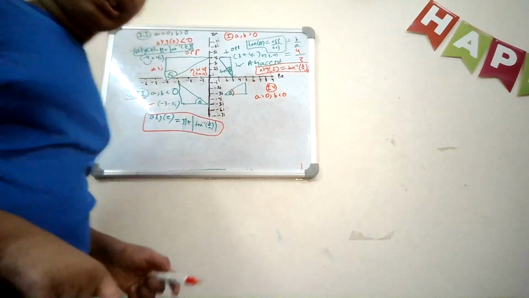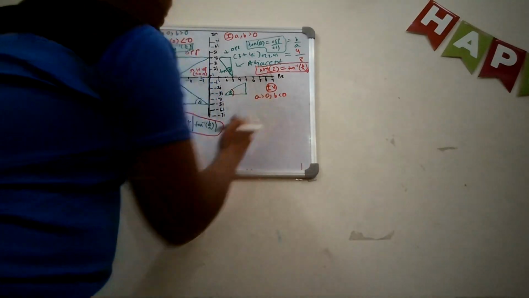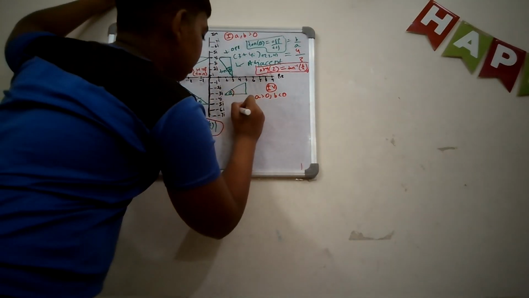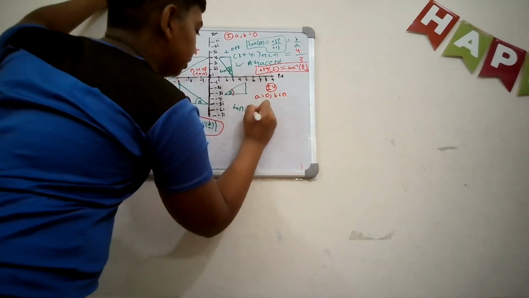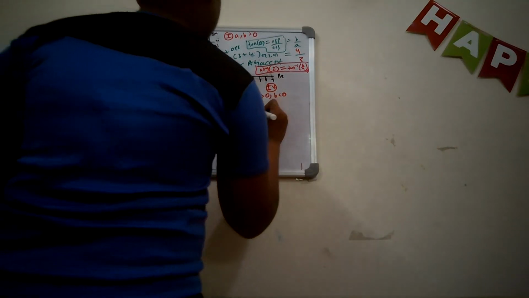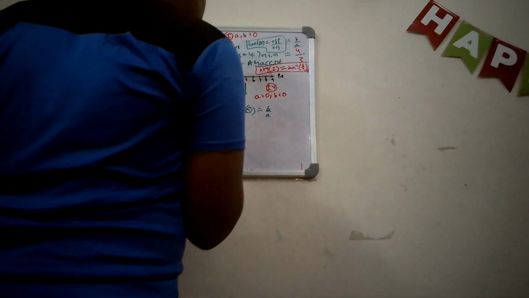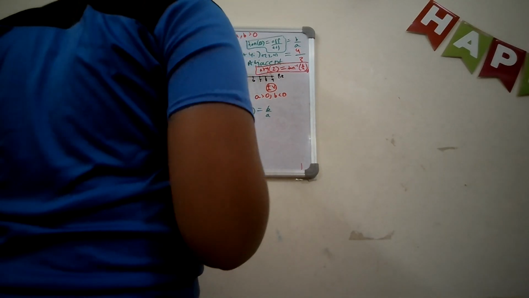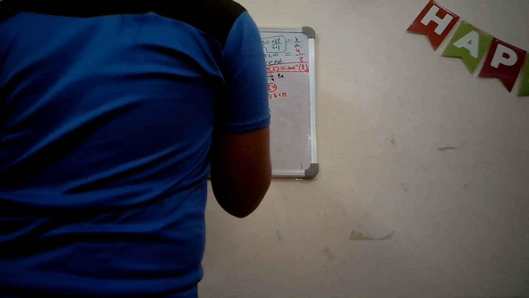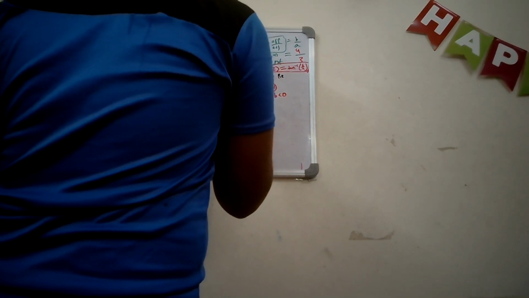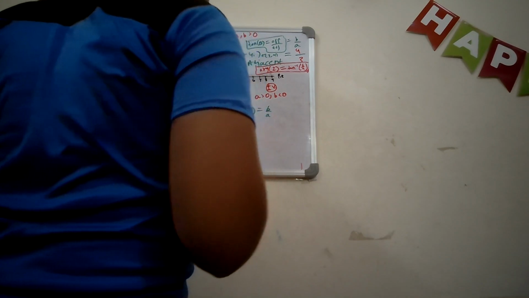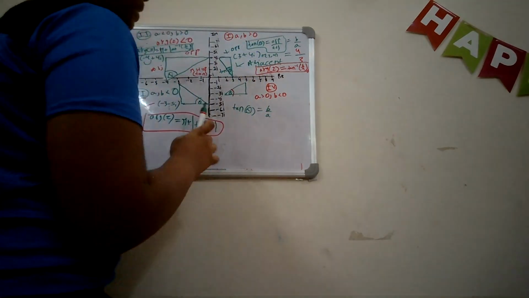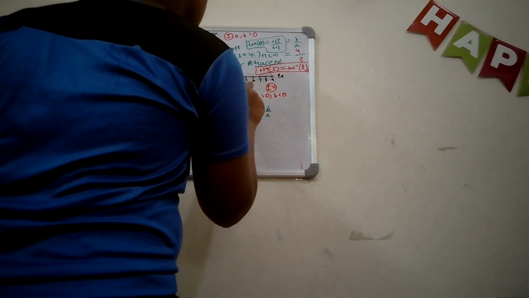Now, once again, we already proved the formula, so we can just plug it in. Tan of theta is equal to b over a, opposite over adjacent. Where's the opposite? Right here. Opposite of this is this, and the adjacent is right here.